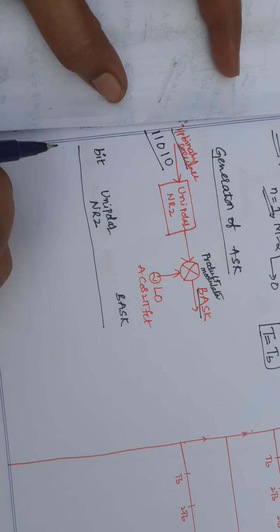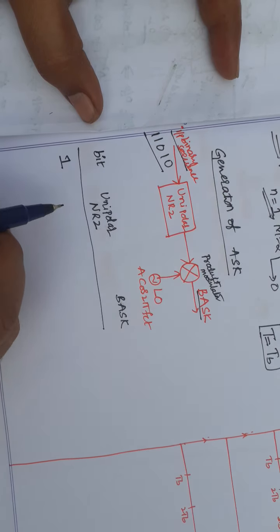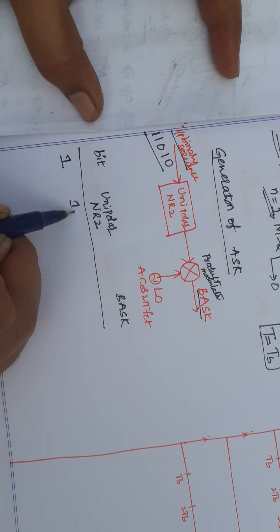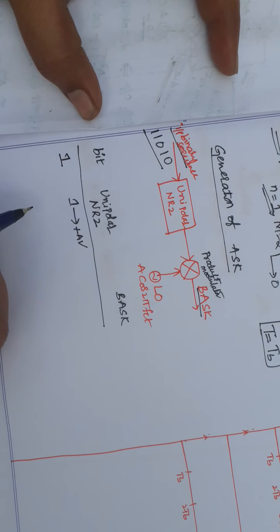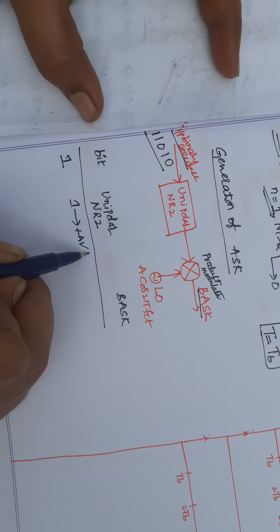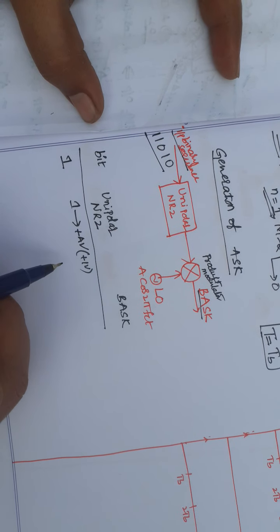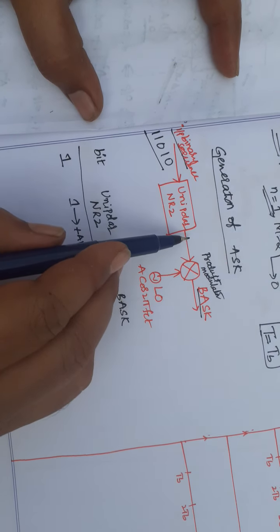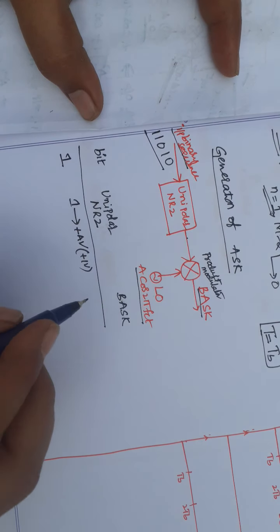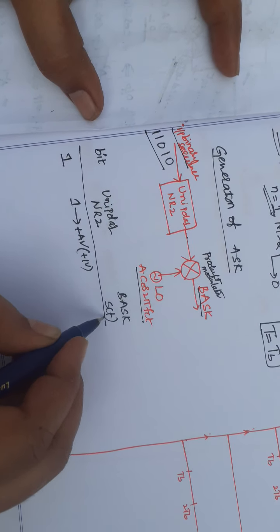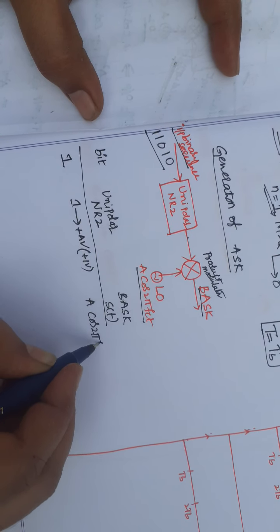Now for bit 1 in unipolar NRZ, bit 1 is mapped to plus A volts. Let us call plus A equal to plus 1 volt. The plus 1 is multiplied with the local oscillator carrier A cos 2 pi fc t, so the equation S of t is A cos 2 pi fc t.